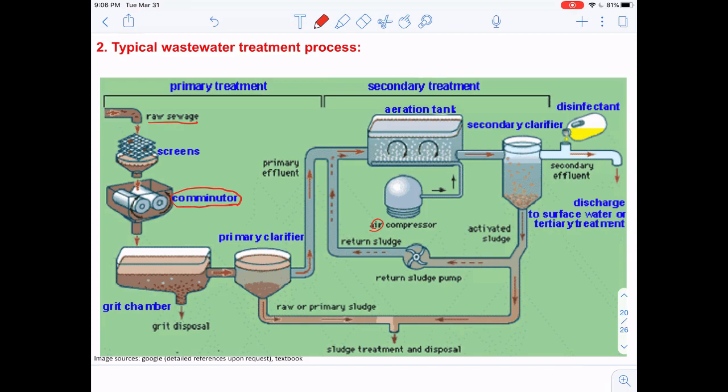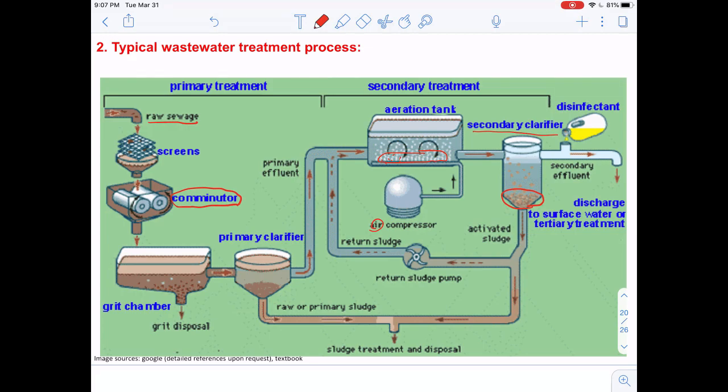So after we get this cleaner water, it will go to the secondary clarifier. And inside the secondary clarifier, what settles down, we need to pay attention, will be largely composed of microorganisms, right? We need these microorganisms to maximize the oxidation process in this aeration tank. So that's why we also call these constituents the activated sludge.